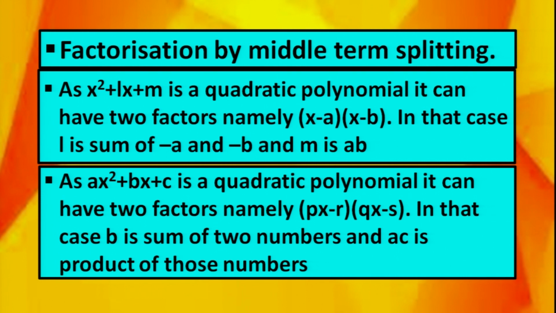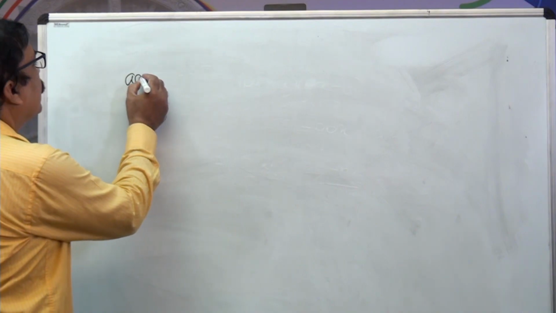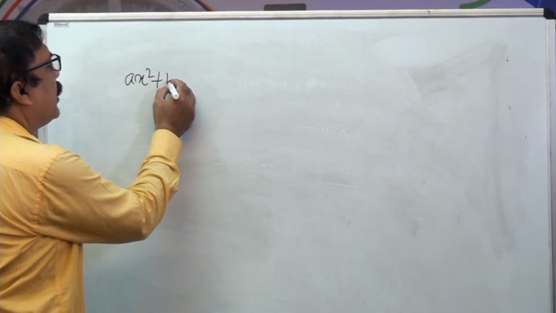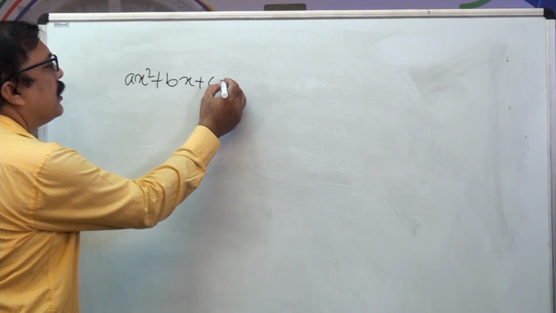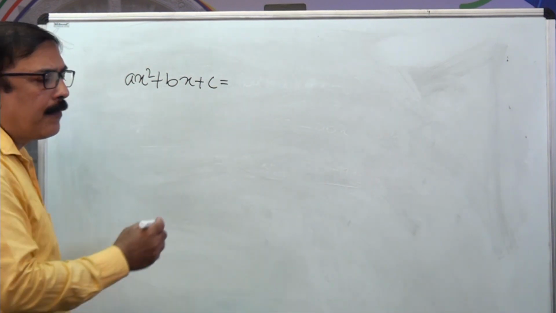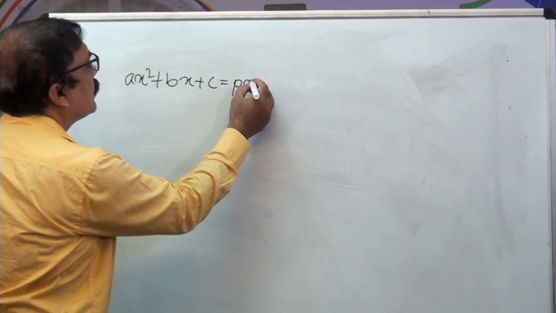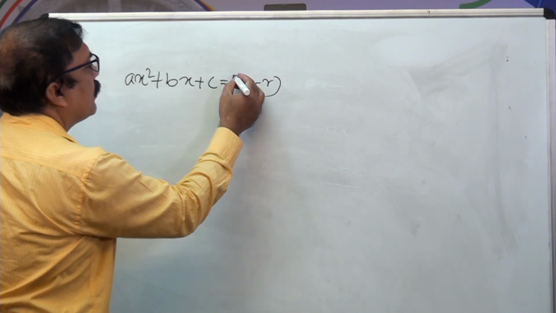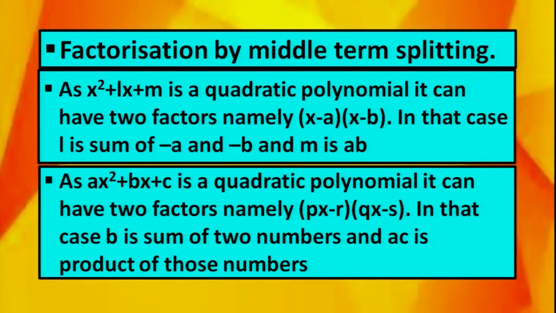So let's take ax square plus bx plus c equal to some px minus r into some qx minus s.